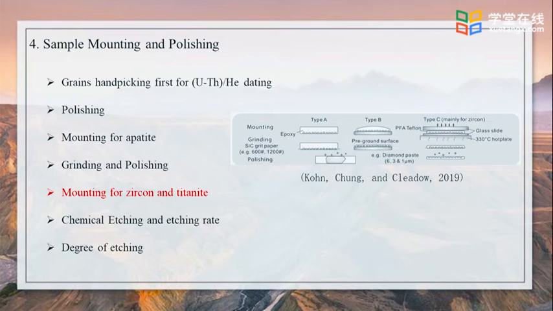For zircon, the PFA Teflon, which has a higher melt temperature and maintains its transparency even after prolonged etching, has been chosen as the material for mounting. For titanite, they can be mounted in both Teflon and the epoxy button as apatite.